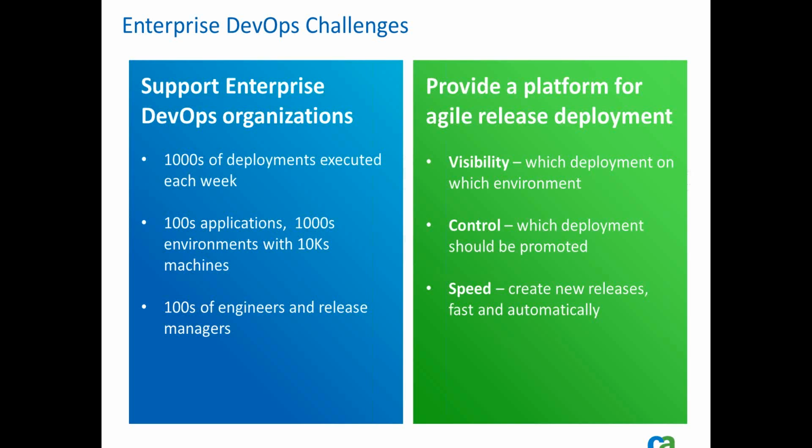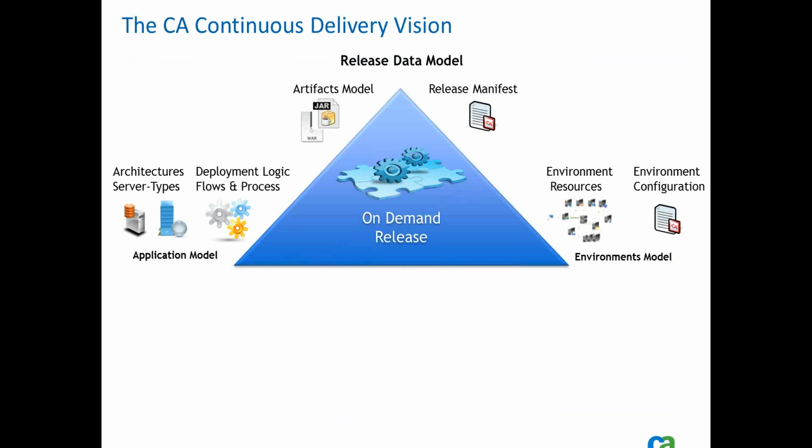In terms of the software and how the software enables you to do this, what CA release automation provides is a release data model, as it were. So you first model the application and how it's delivered independently of any physical hardware architecture.